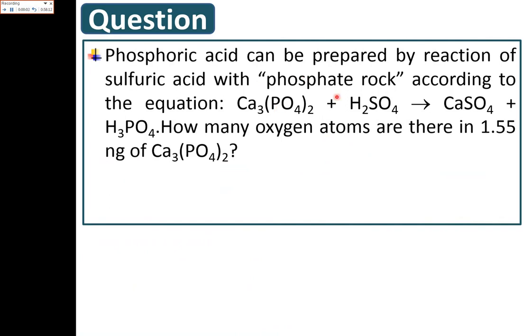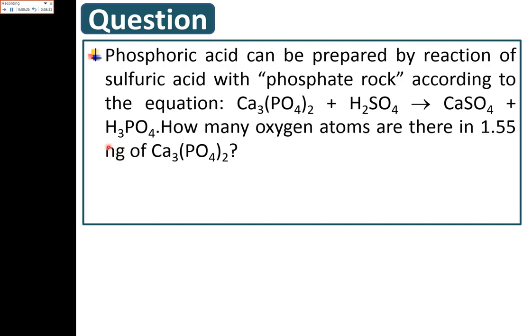Phosphoric acid can be prepared by reaction of sulfuric acid with phosphate rock. This is the structure of the phosphate. According to the equation, calcium phosphate plus sulfuric acid gives calcium sulfate plus phosphoric acid. How many oxygen atoms are there in 1.55 nanogram?